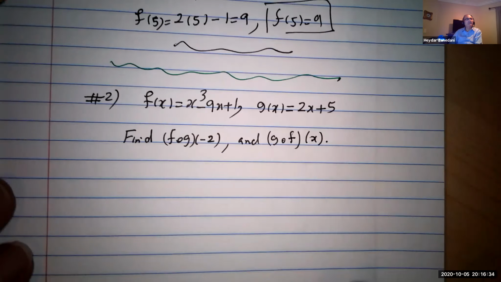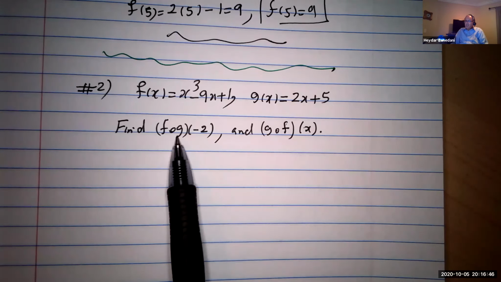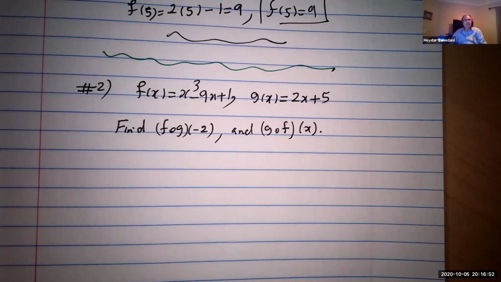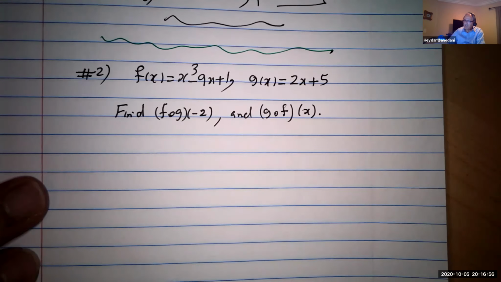Sometimes we have to find it numerically at one number, and sometimes we have to find it in general. You know that a composition function is 2 actions. The first action is g, we call it the inside action. And the second action is f, which is going to be the outside. So write the formula nicely, substitute to get your result. Okay, are you ready?